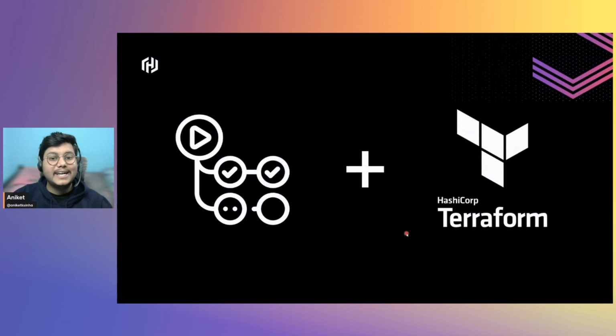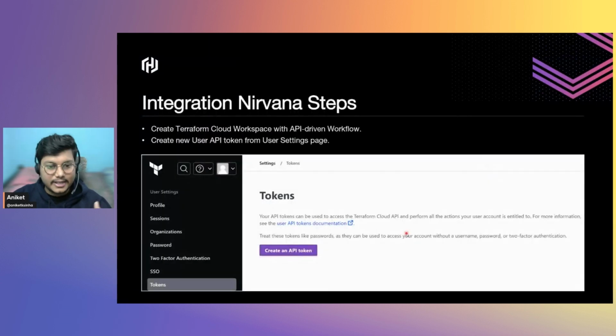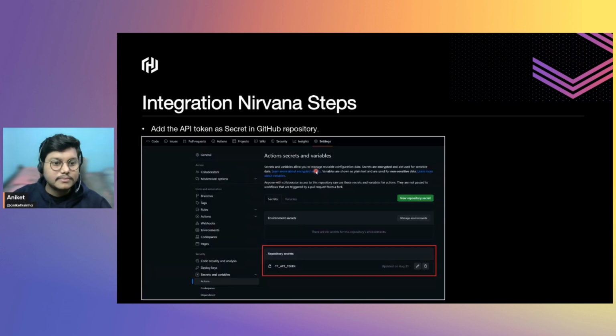So you have ultimately achieved the integration nirvana, and talking about the recap of the stages of what we did: we created the Terraform Cloud workspace with the API driven workflow. We then created the API token. We then added that API token in the GitHub repository as a secret.